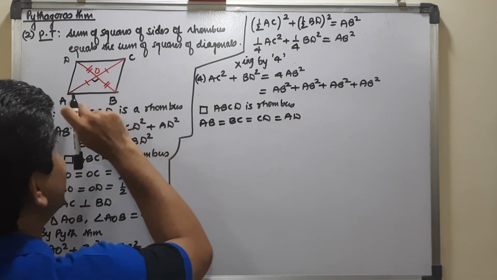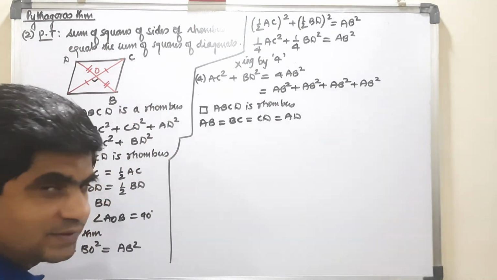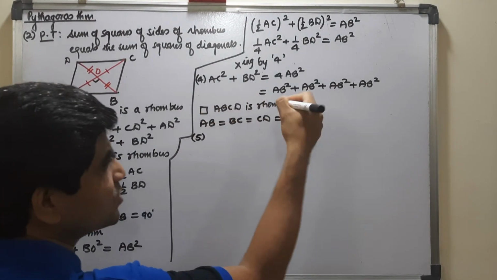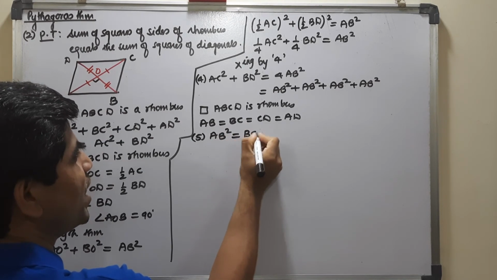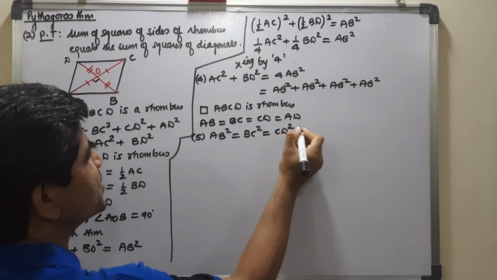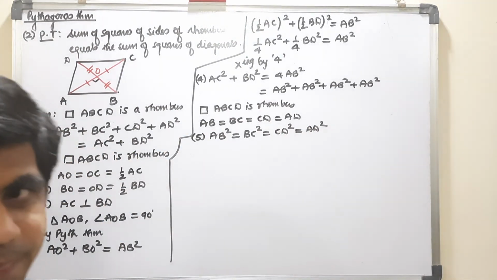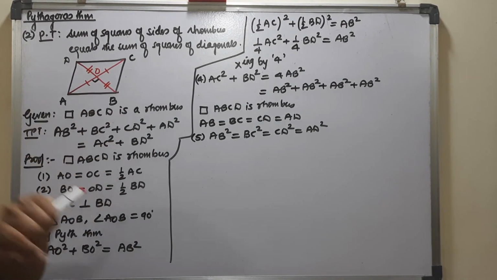AB is equal to BC is equal to CD is equal to AD. Agreed? So I get their squares also equal. That is, the value of AB square is equal to BC square is equal to CD square is equal to AD square. So this can be replaced.